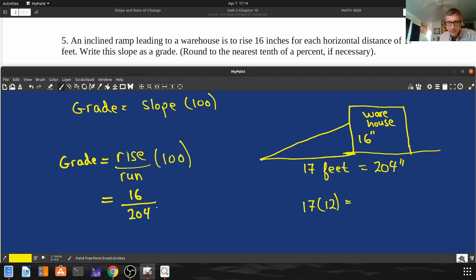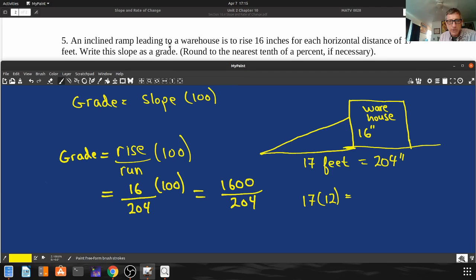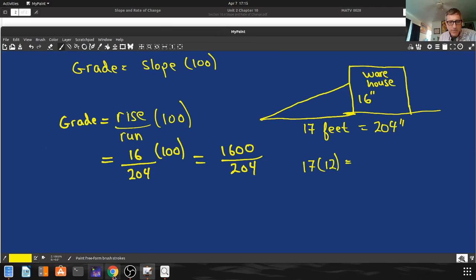And I'm going to multiply that by 100. So that's going to be equal to 1600 divided by 204. And that's going to reduce down, but I'll let you all do that. I kind of want to see what it is in decimal, so I'm going to launch a calculator here.